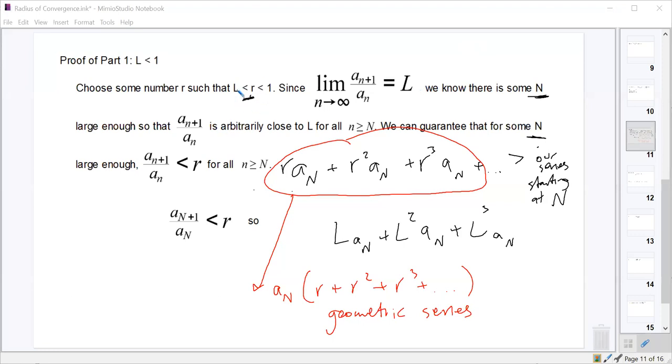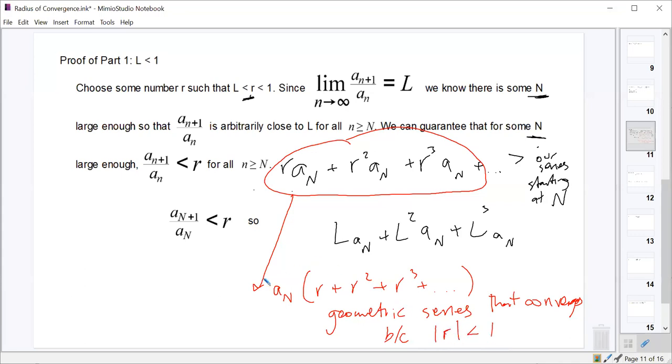We got that R is less than 1 and greater than this L value, right? And we're getting an L value here that's positive because we have all positive terms. And so this is a geometric series that will converge because the absolute value of R is less than 1.